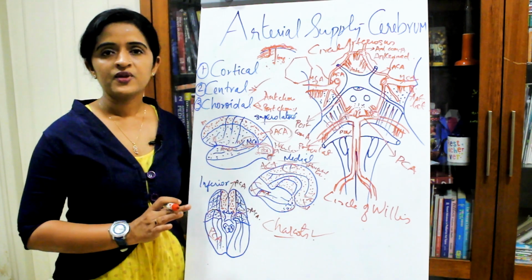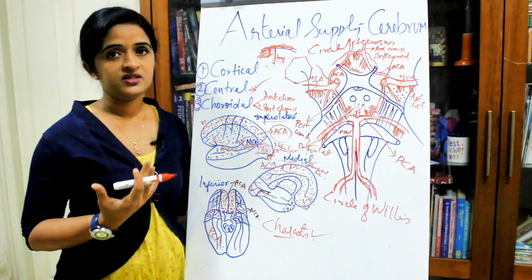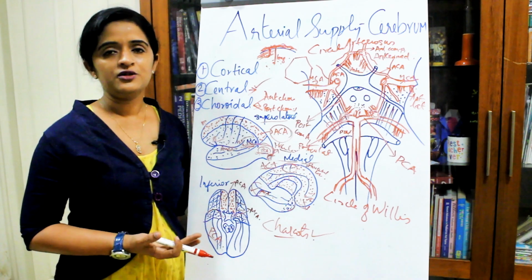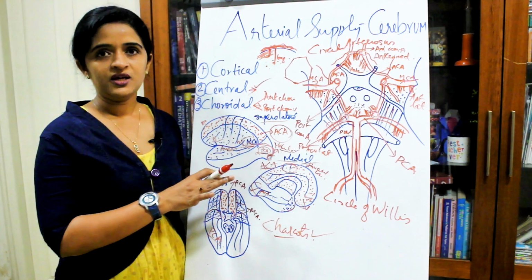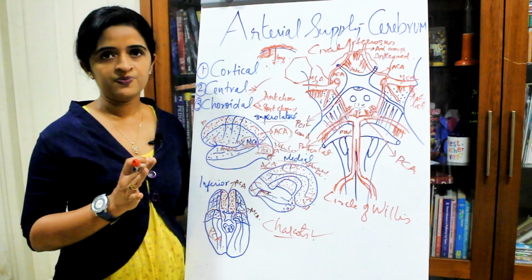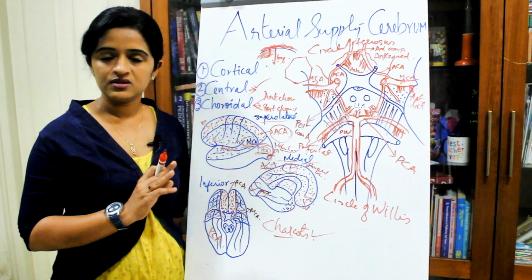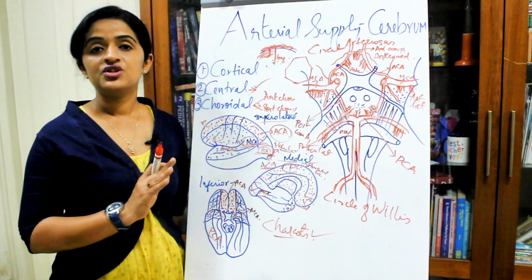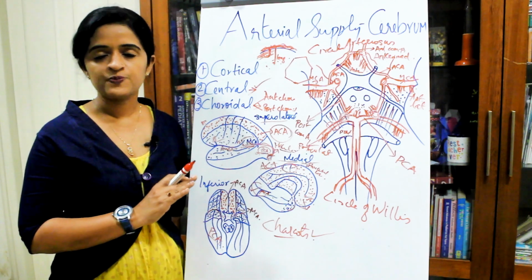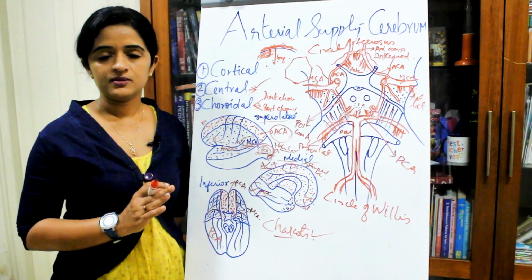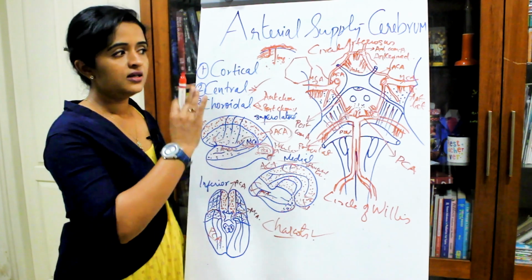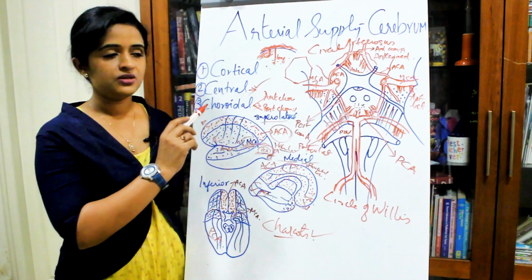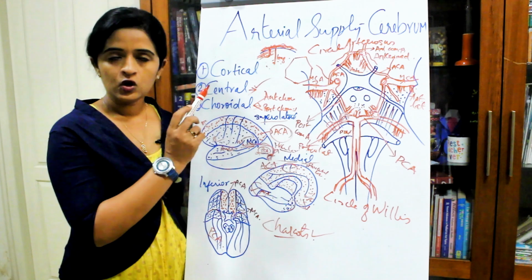So to conclude, regarding the cerebrum as a whole, I haven't dealt with the cerebellum, the brainstem and so on. I'm planning to do it, but for the time being, when you think about the cerebrum, there are mainly three major vessels: anterior cerebral, middle cerebral and posterior cerebral vessels, out of which anterior and middle arise from the carotid system and posterior cerebral arises from the vertebral system. And there are three patterns of vessels arising: cortical branches, central branches and choroidal branches.